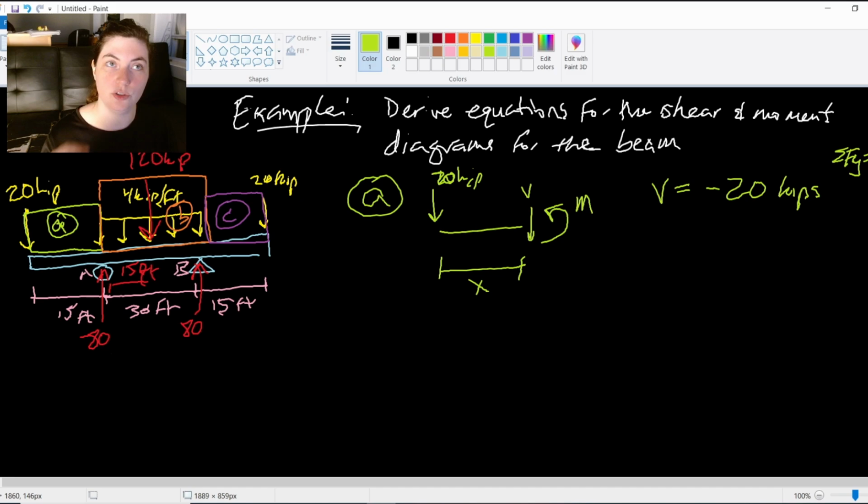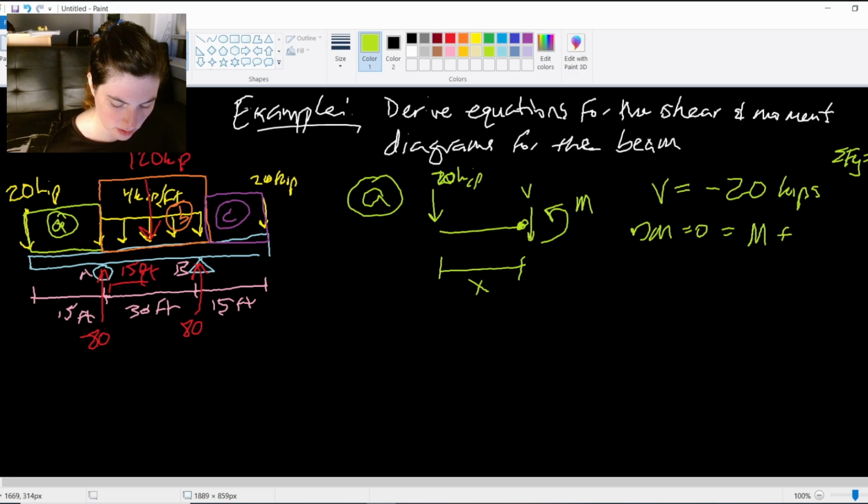And then if I do my moment equilibrium equation, the sum of moments equals 0, taking it about this point on the far right, the point at distance x, equals that internal moment plus 20 times x. So that moment is negative 20x kip feet.